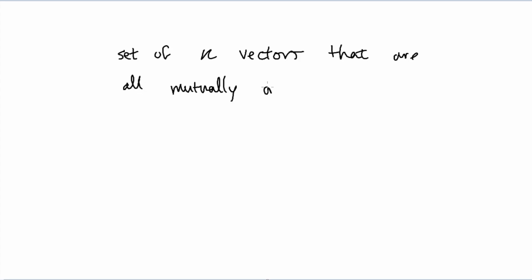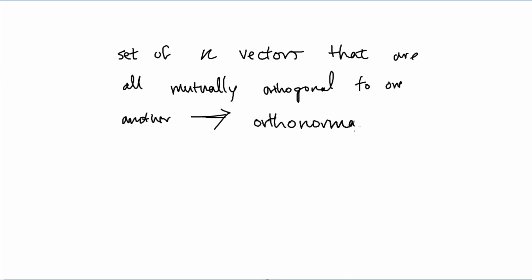And if you have a set of some n vectors that are all mutually orthogonal to one another, then you have what is known as an orthonormal basis.